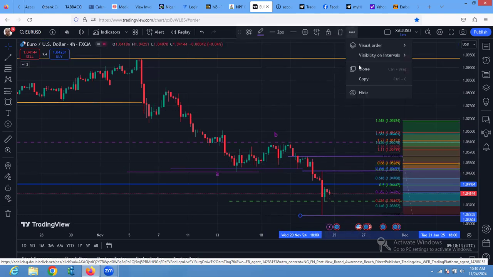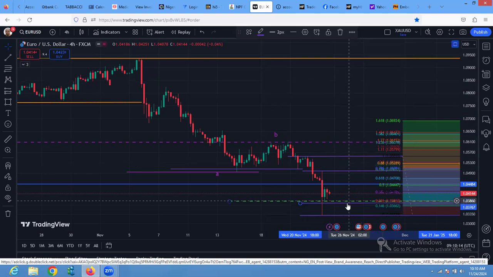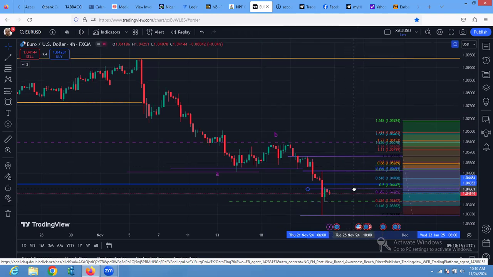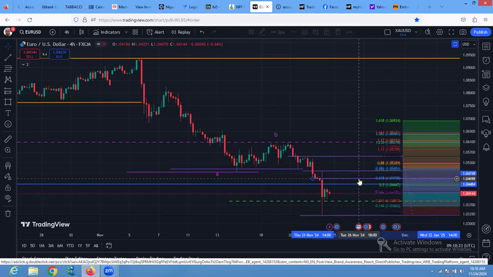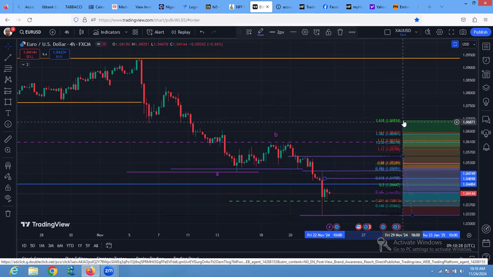Let's look for about 76, which should be the last. 76 is actually around this area. So the 61.8 area is good to go for you.